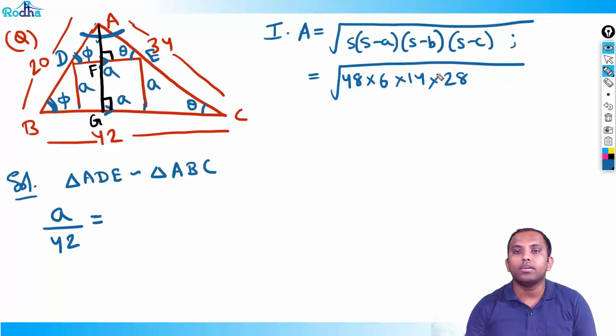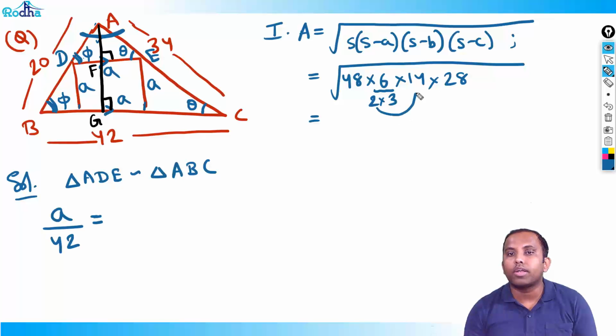Now what is the area? See, you have got two multiples of 7 here, right? So what I can do here, I can split this 6 as 2 into 3. So this 2 with 14 will become 28. So out of the root, 28 will come out, right?